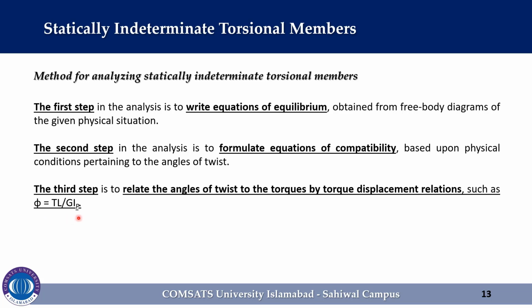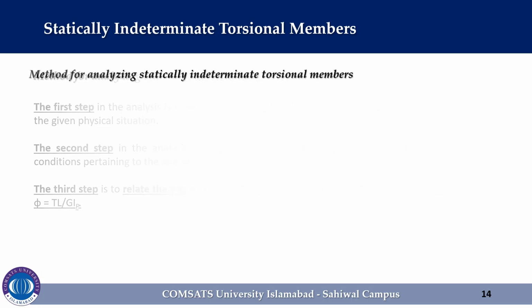After introducing these relations into the compatibility equations, they too become equations containing torques as unknowns. Therefore, the last step is to obtain the unknown torques by solving simultaneously the equations of equilibrium and compatibility equation.